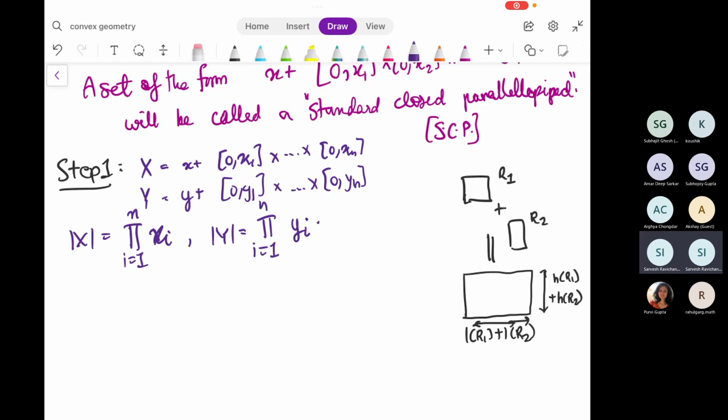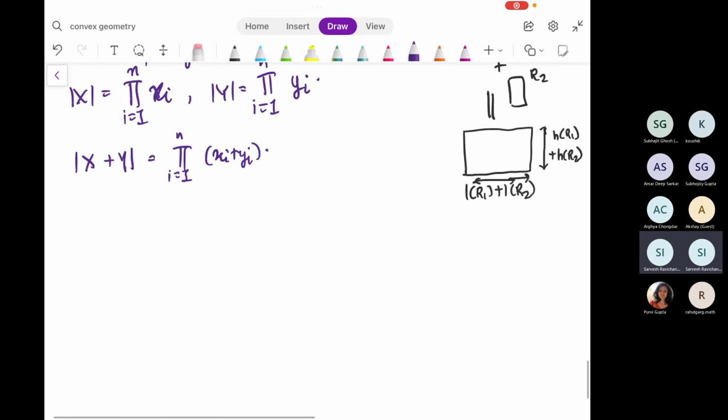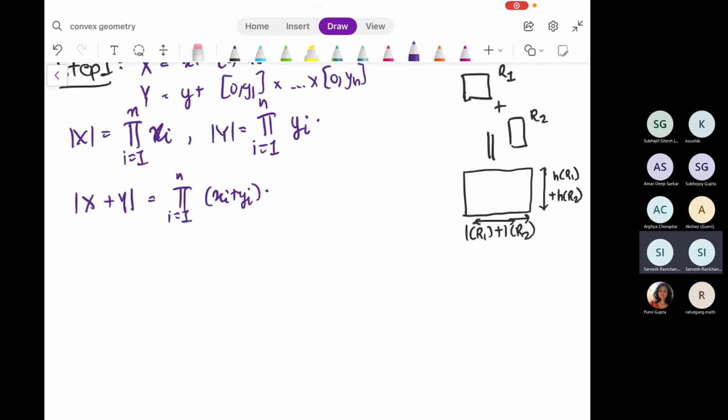By the logic that I mentioned regarding the addition of rectangles, we know that the volume of the set X plus Y is the product of xi plus yi. What we need to prove is that, taking the power 1 by n, the Brunn-Minkowski inequality works out.